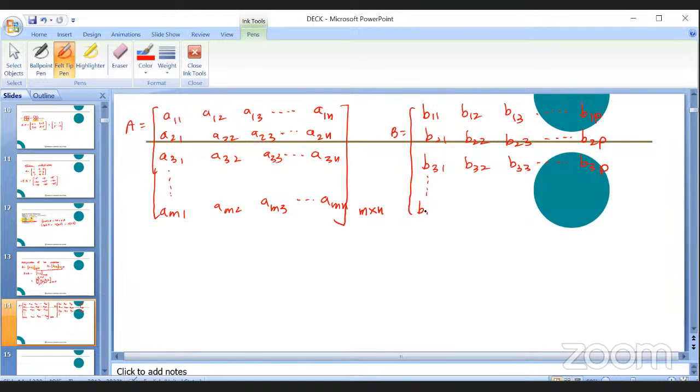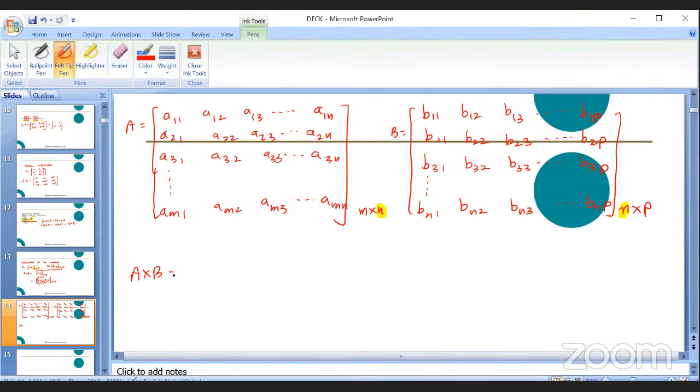Like that, Bn1, Bn2, Bn3 up to Bnp. So there are n rows and p columns. See here n columns, here n rows. That is very, very essential.